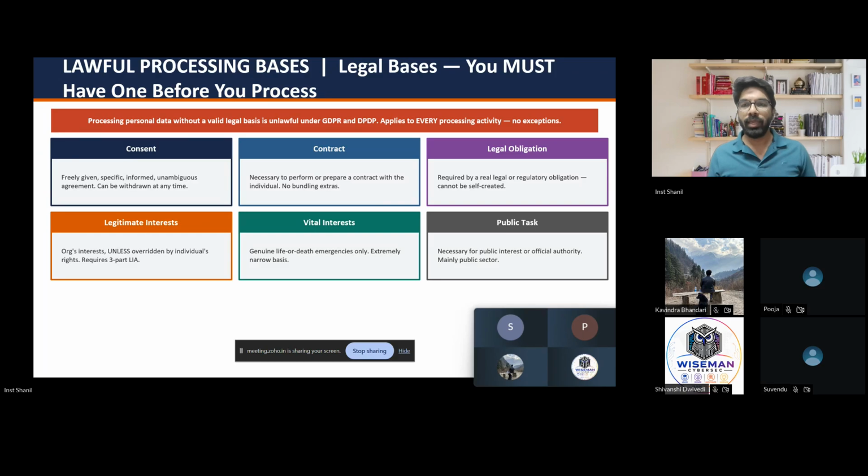Whenever a PIL is filed in a court of law, you get access to the data, right? An advocate reaches out saying they need this information about the company because it is in the interest of the masses, like the country. So you can obtain your data and provide it to someone else because it is in the public interest. These are the six bases you must have before you process.